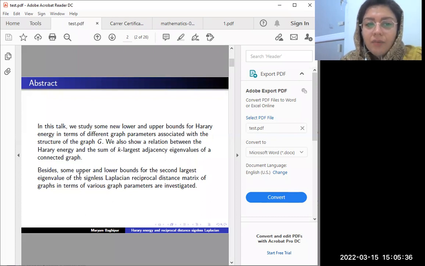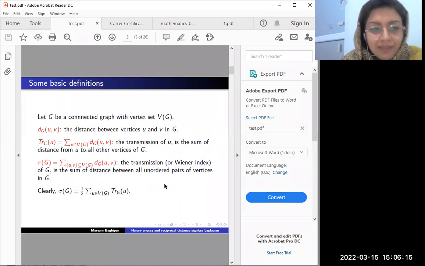We study some lower and upper bounds for the second largest eigenvalue. The second largest eigenvalue has attracted attention from researchers, and there are a lot of papers on the second largest eigenvalue of different matrices, for example adjacency and signless Laplacian. Studying it is really important, especially the relationship between different concepts. In my opinion, the relation between different concepts is important and really interesting.